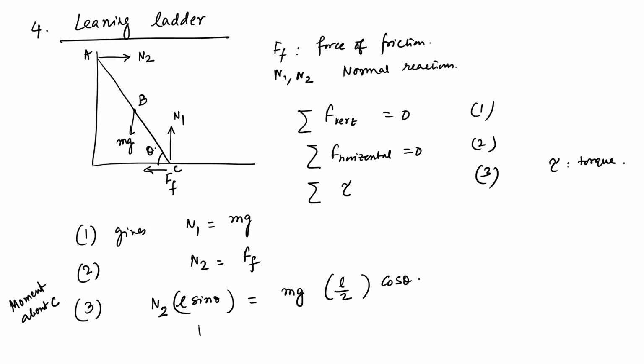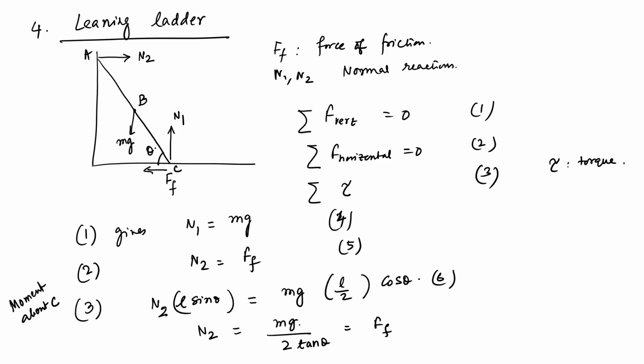That tells us that N2 is equal to mg by 2 tan theta, equal to F. Let us call these equation 4, equation 5, and equation 6. Because the frictional force F_f is equal to N2, N2 is equal to mg by 2 tan theta.